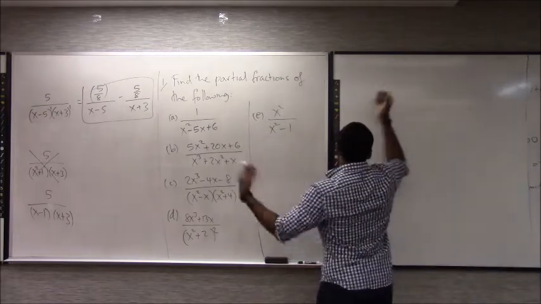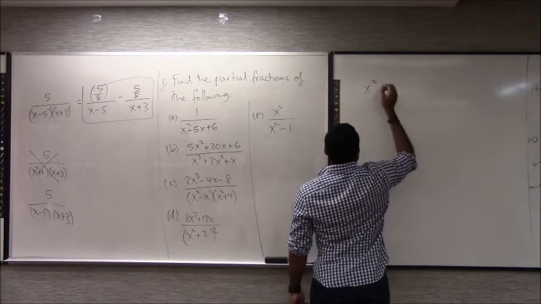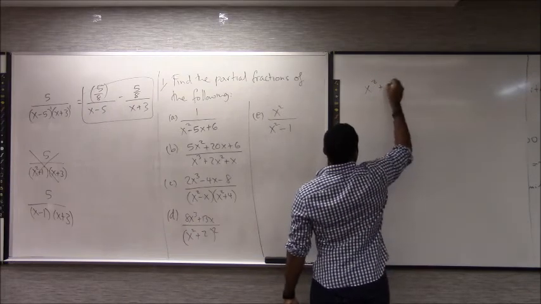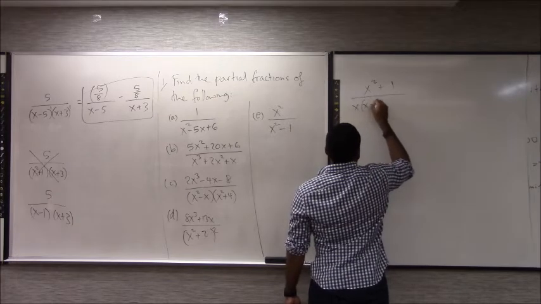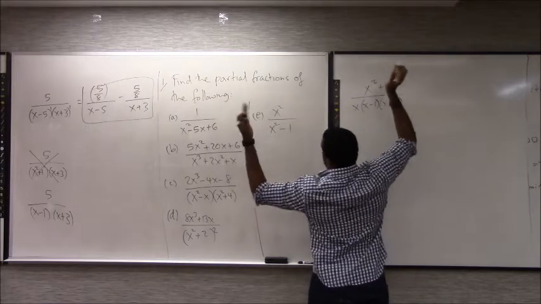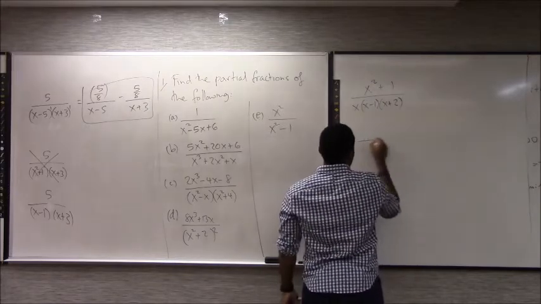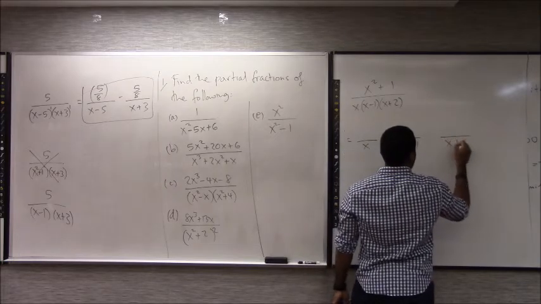You can do this for lots of stuff. So I can say, okay, I have x squared plus 1 over, let's say, x times x minus 1 times x plus 2, whatever. I know this is going to split into something over x, something over x minus 1, and something over x plus 2.